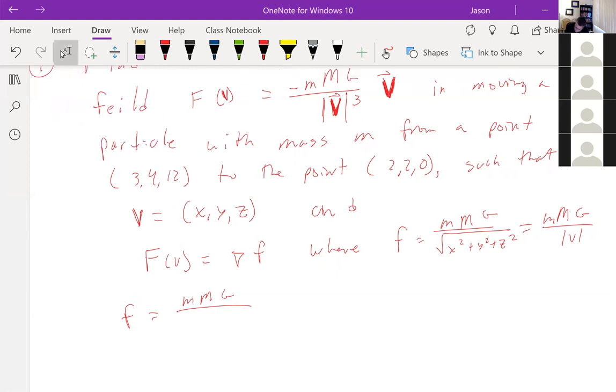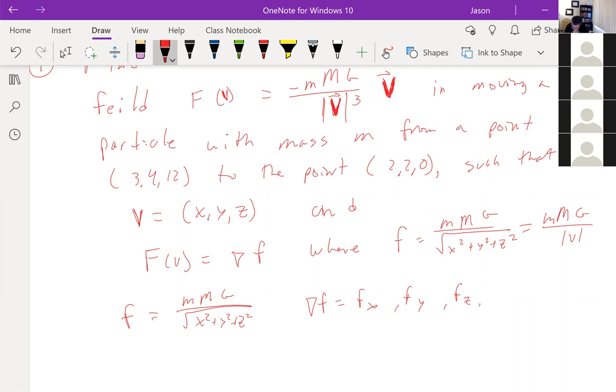So if we take that parent function, the magnitude of v, which is the square root of x squared plus y squared plus z squared, and we take the gradient of that, what's the gradient of this thing going to be? Well, let's do f on x, f on y, and f on z. So let's take the gradient of this.